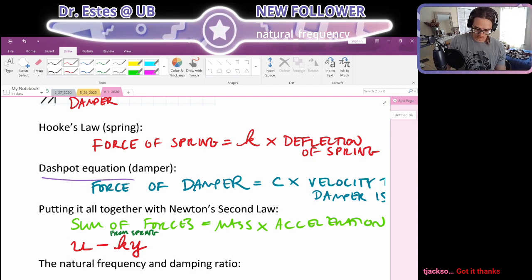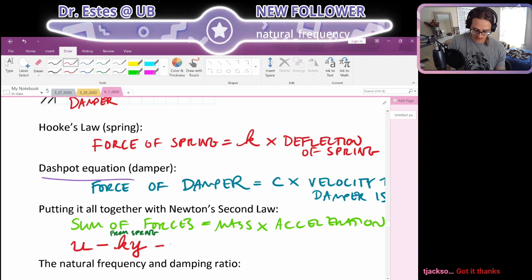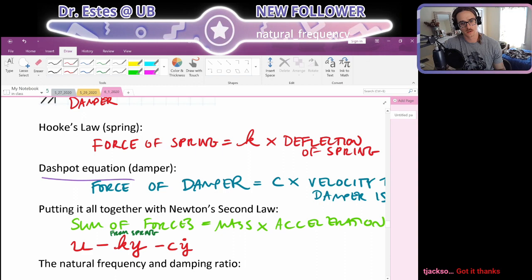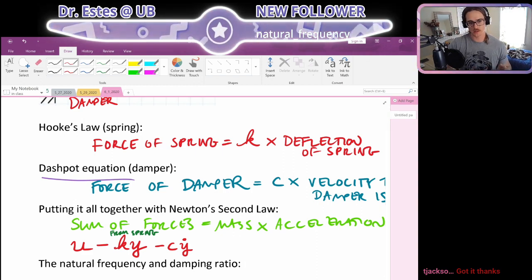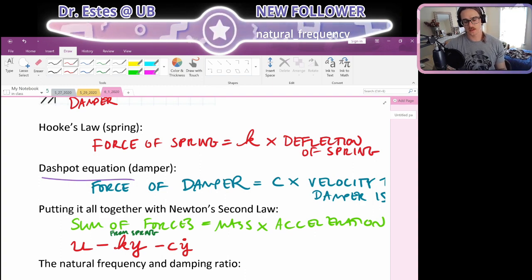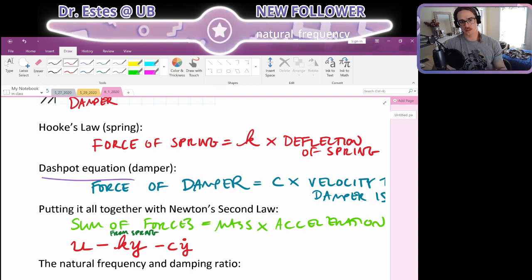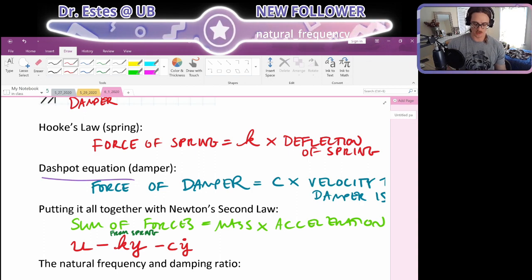And then from the damper, that's going to be minus C, but it's based on how fast. So y dot is the velocity at which the mass is moving and pulling on that damper. So this is going to be the force from the damper.